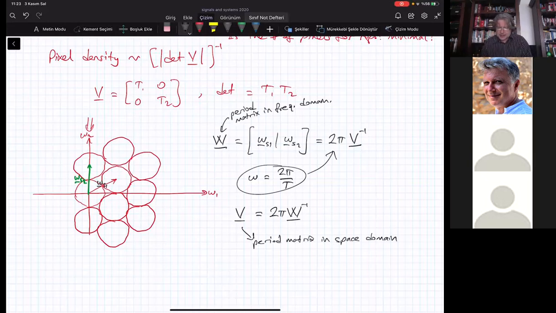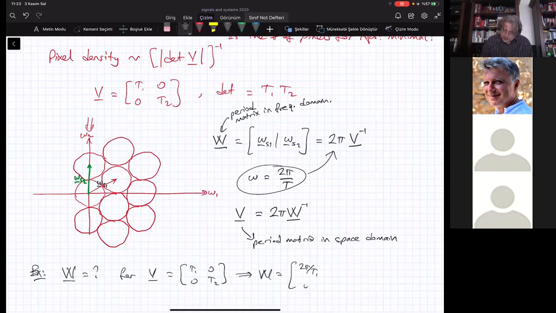I think it's easiest to find the W for V equal to T1, 0, 0, T2. Okay, and that would be W equal to 2 pi over T1, 0, and 0, 2 pi over T2.